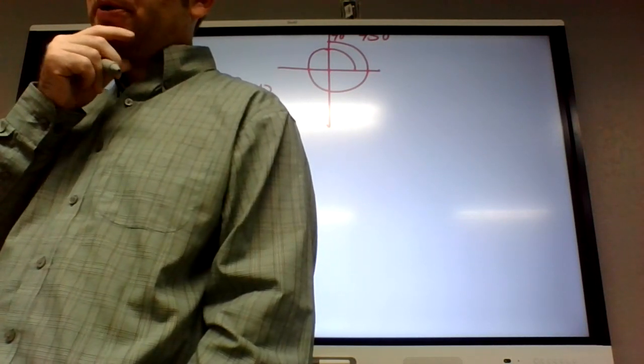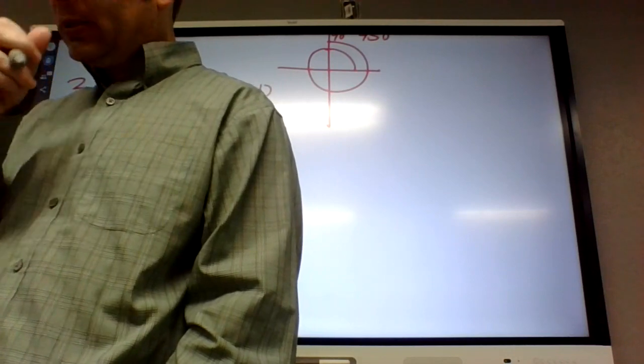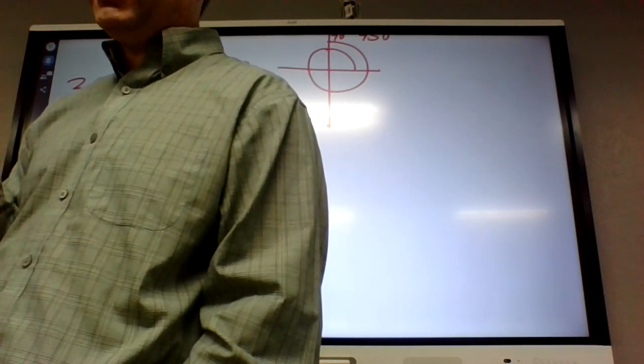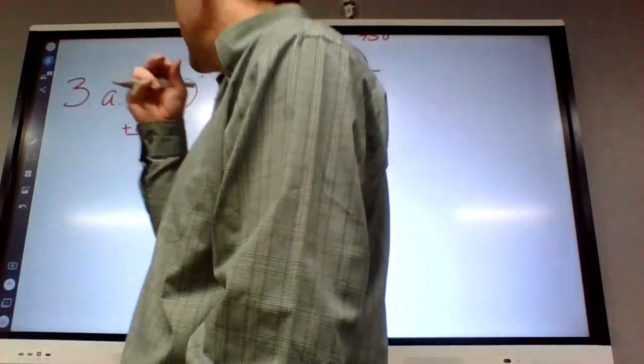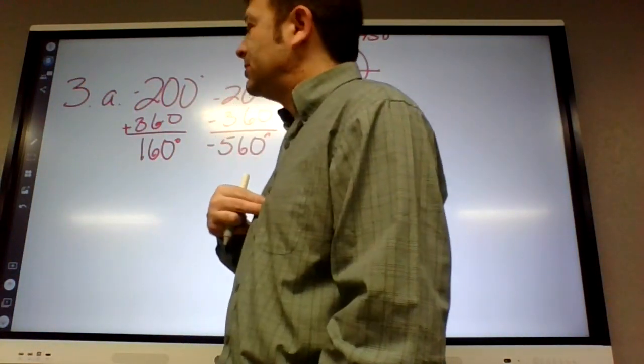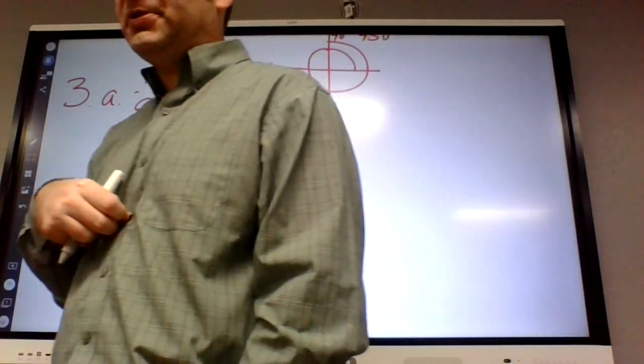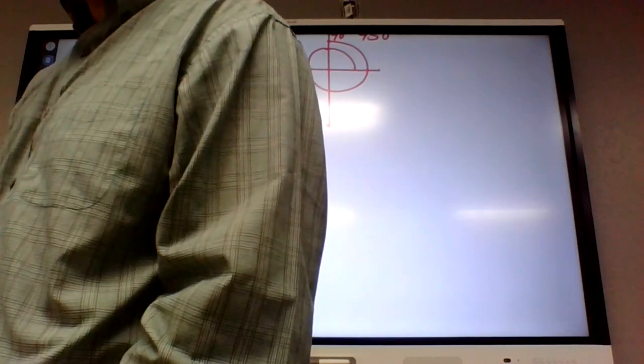Well, on C, just leave it in radians, but you add 2 pi and subtract 2 pi. And if your calculator doesn't do pi's, remember just do the fraction version and throw pi in the answer.